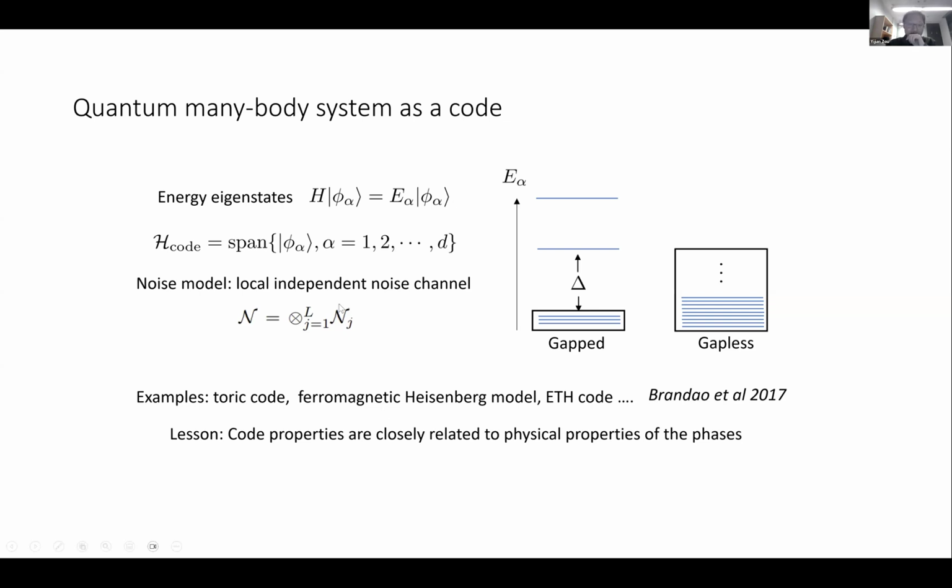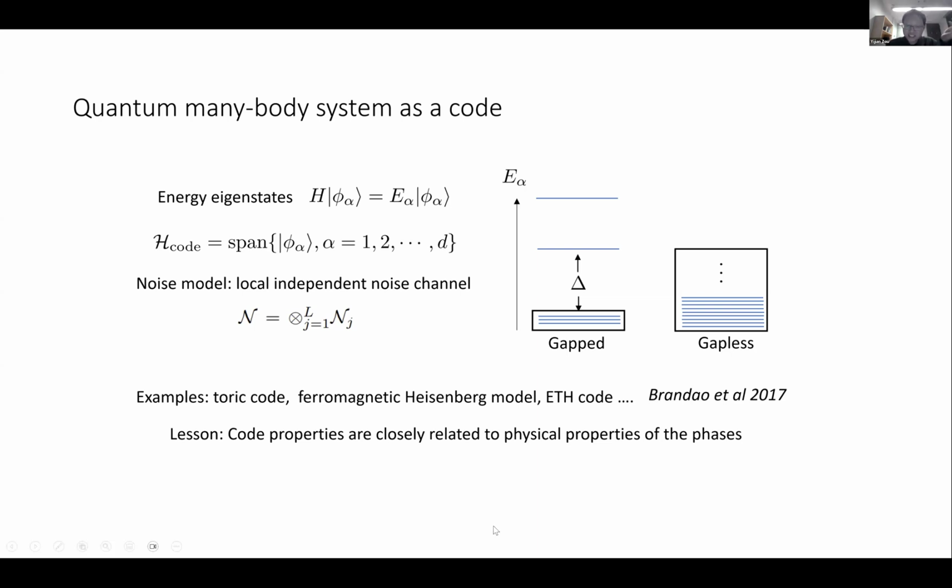In order to talk about errors, we also choose some type of error model. In this work, we choose a local independent noise model, which is common in the realistic world. That is, each of your physical qubits has the same probability of suffering an error, and that is described by this tensor product structure in the noise model. As I mentioned in the introduction, this type of paradigm has been studied before in the context of the Heisenberg model or ETH systems.